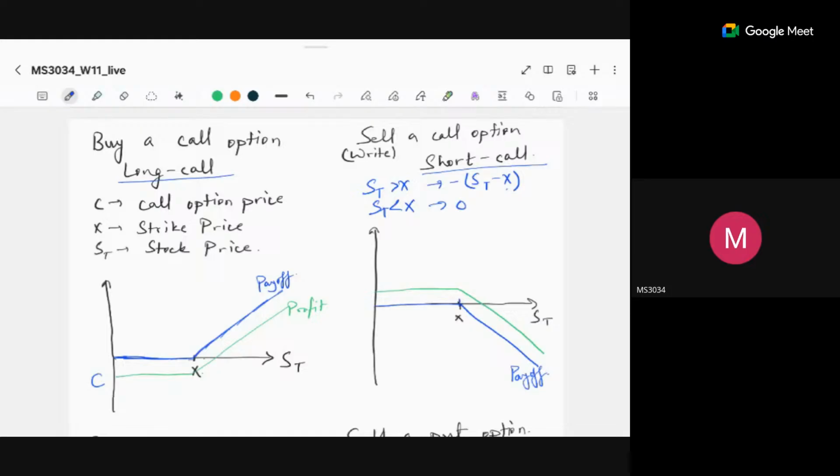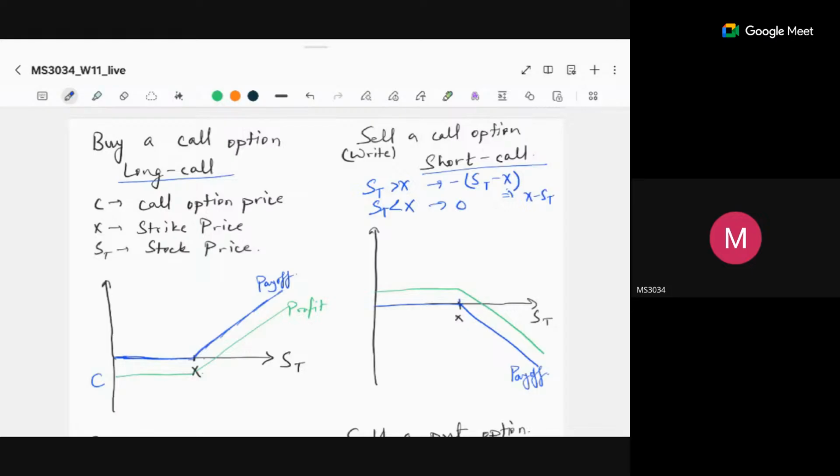So if we draw this, it is X minus ST. So it is a negative 1 slope line after X. So this blue curve will be my payoff diagram if I am writing a call option.